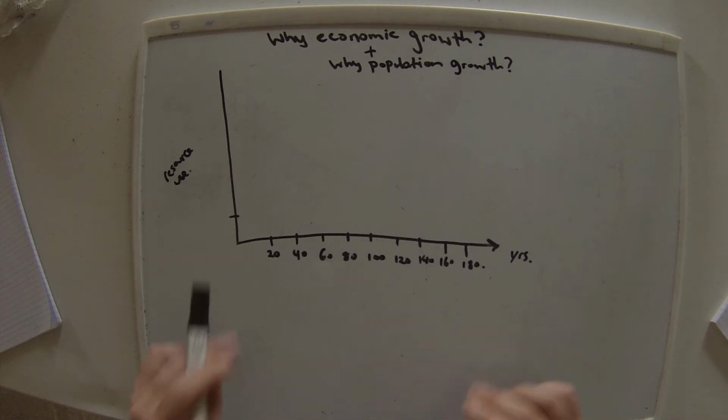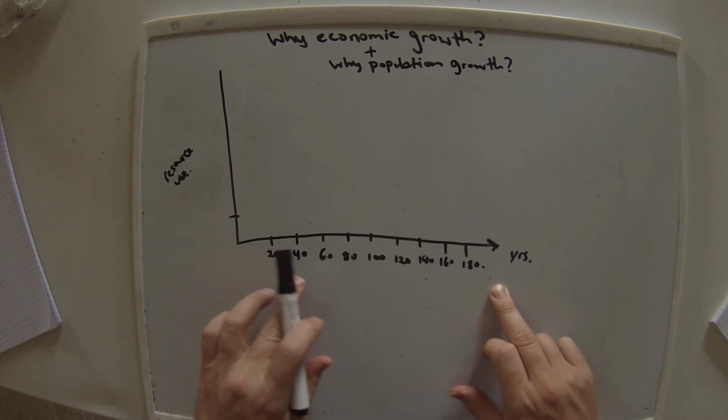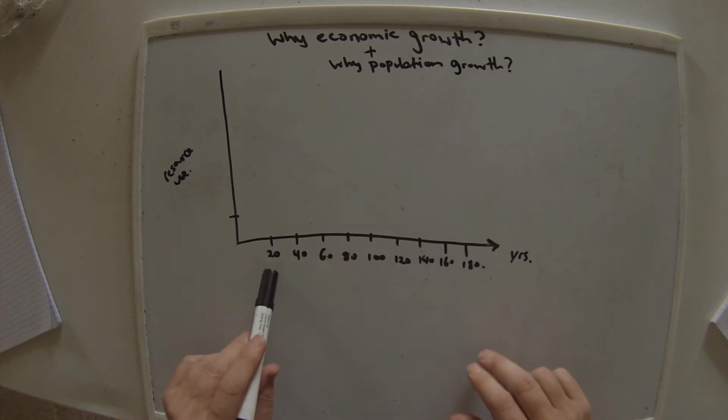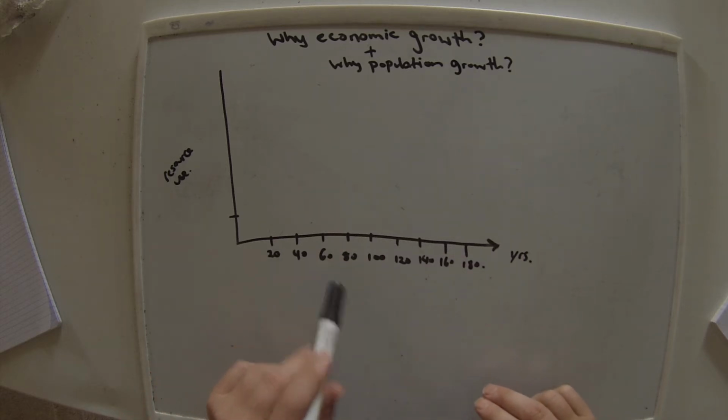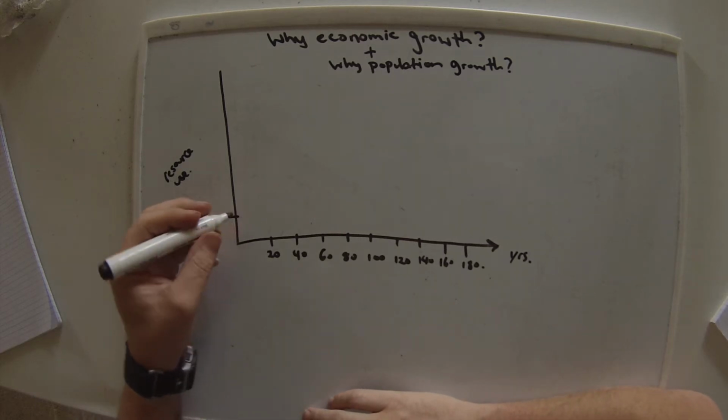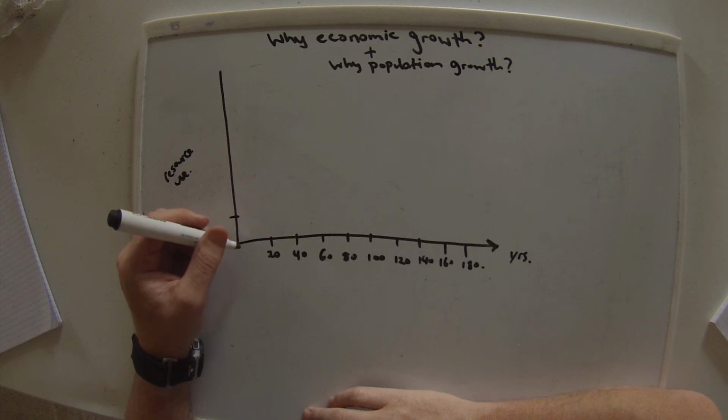So here I've got a timeline, and that's in lots of 20 years, because in this example we're going to consider generations being 20 years apart. What I want to graph is resource use over a person's lifetime.